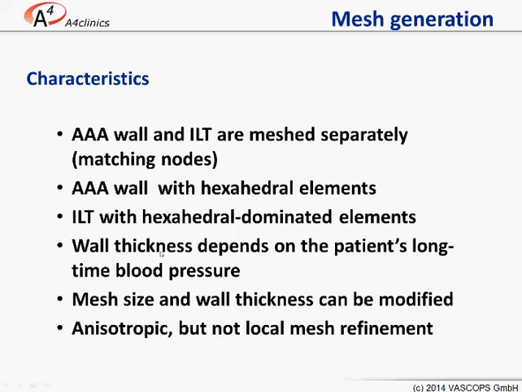And there are some features, such as that the wall thickness depends on the thickness of the thrombus tissue, and other points here. What also needs to be mentioned is that it's easy to use an anisotropic description here, because we use an anisotropic mesh refinement. However, local mesh refinement is not possible.